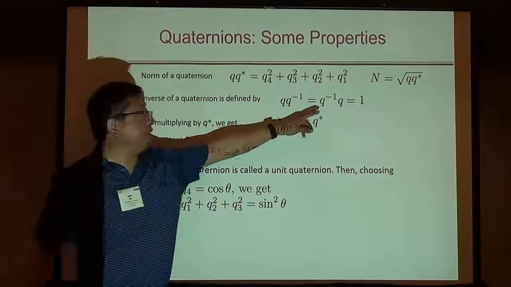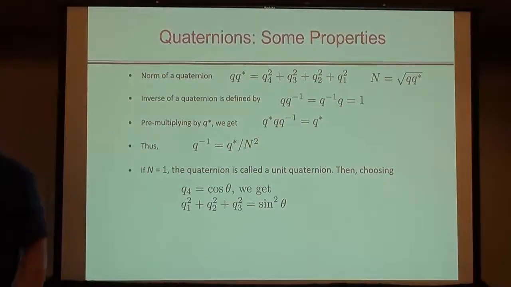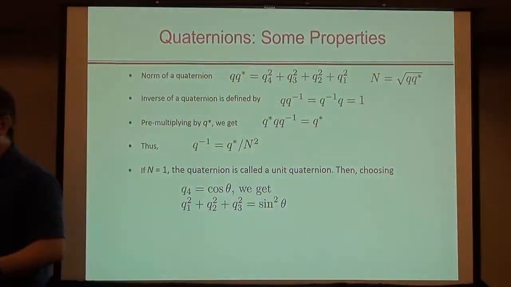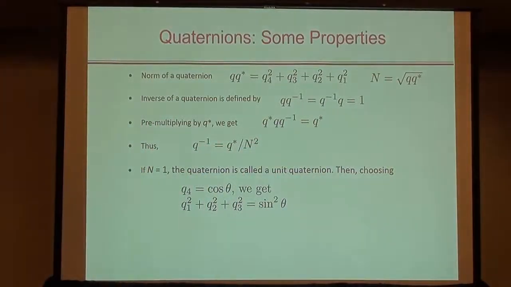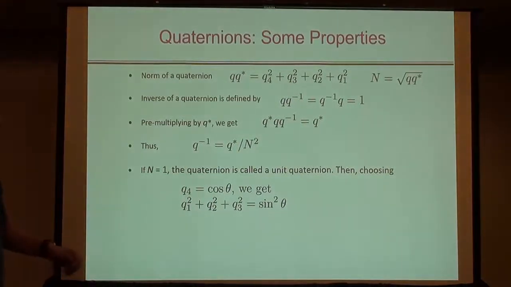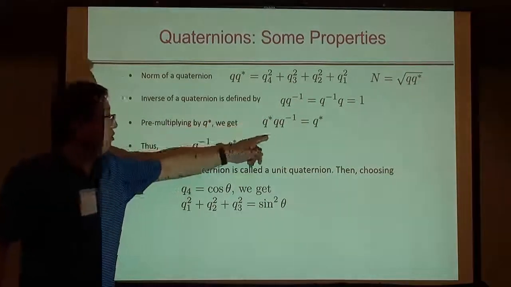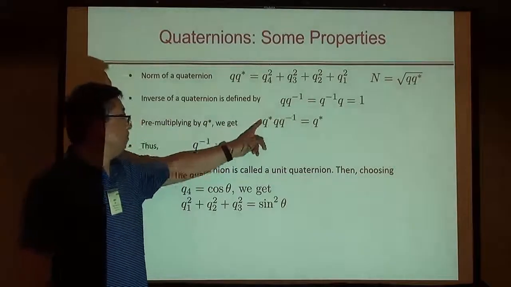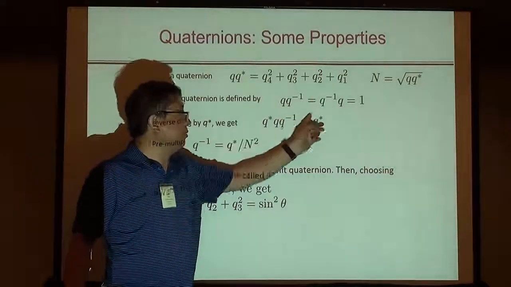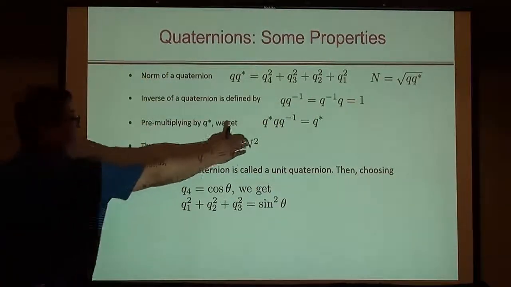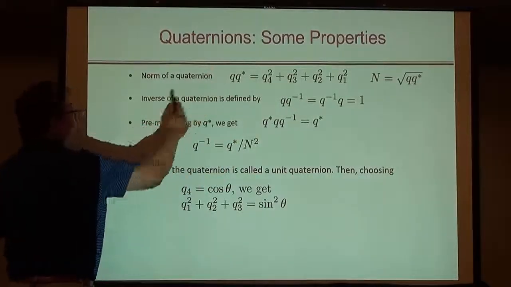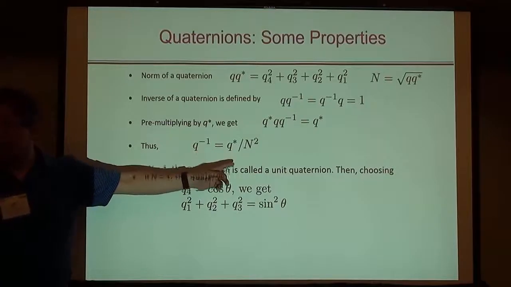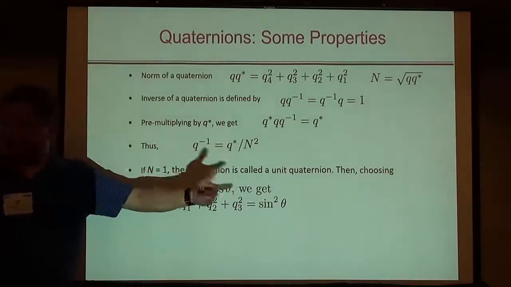In this case, it doesn't matter which order you do the calculation, and 1 is of course the identity in quaternion algebra. If you multiply both sides by q conjugate, you get this equation, then q conjugate times q equals 1. That's how you define the inverse of a quaternion, which is the conjugate divided by the norm.